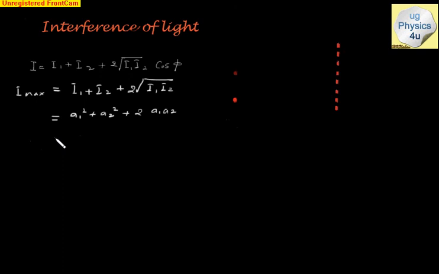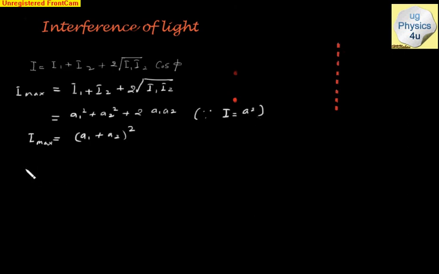So we can write this equation as (A1 plus A2) whole square. So maximum intensity will be equal to the square of the sum of the two amplitudes emitted by these two sources. I have used this expression because intensity is the square of amplitude.